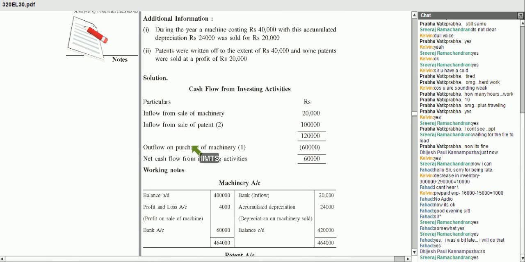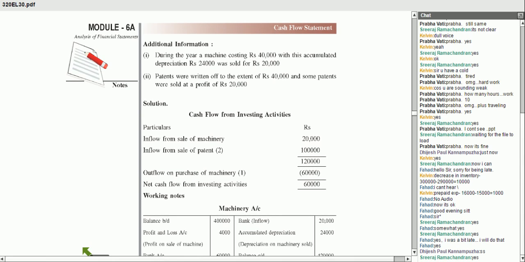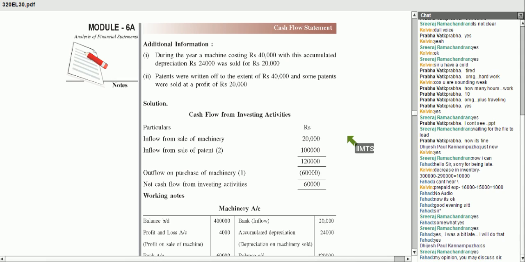You want to try? All of you want to try before, or should I discuss the solution directly? You want to try the problem first or you want me to discuss the solution?